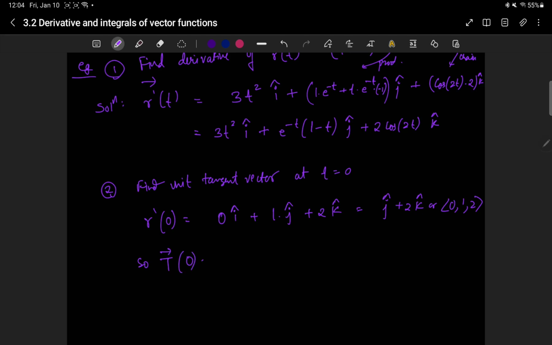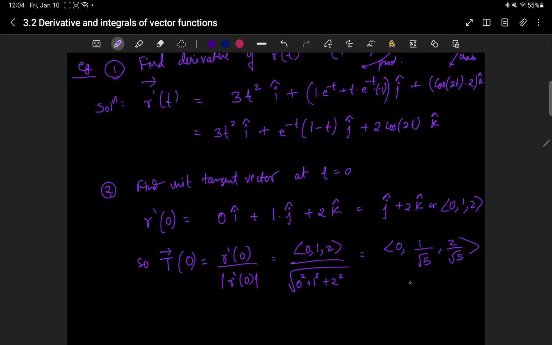So the tangent vector at 0 is going to be this derivative divided by the magnitude. So 0, 1, 2 divided by square root of 0 squared plus 1 squared plus 2 squared, which means it is 0, 1 over root 5, and 2 over root 5, or in the ijk notation, this is 1 over root 5 j cap plus 2 over root 5 k cap.